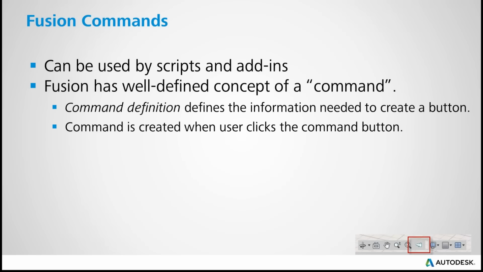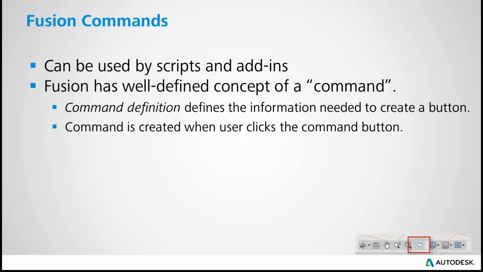Inside the API there's a class called the command, and Fusion creates one for this particular command and gives it to you. So when you create a command, you connect to an event, and so you're notified when your button gets clicked, and Fusion creates this command and gives it to you.